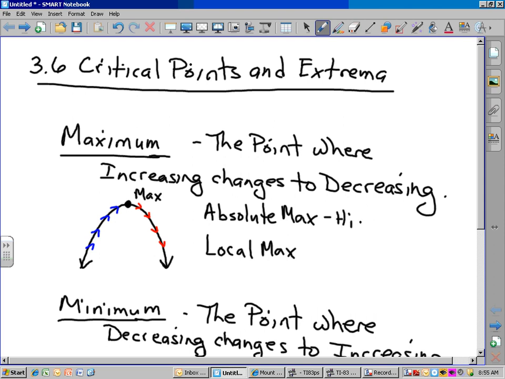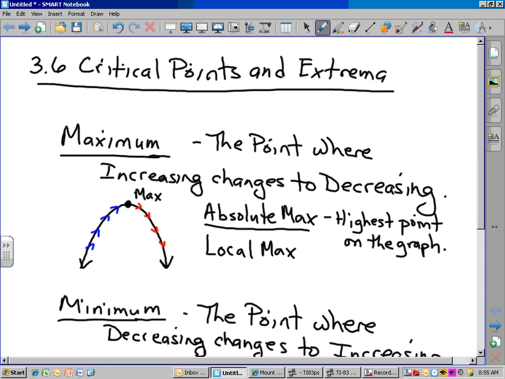To be an absolute max, it has to be higher than all points on the graph. Every single one. Okay? Not just the highest maximum.